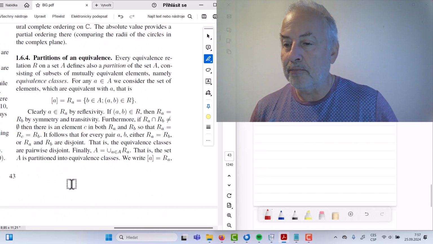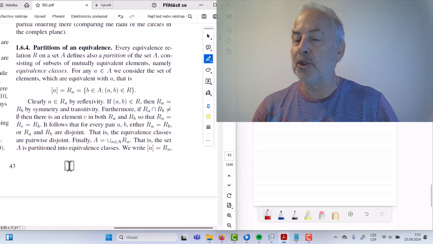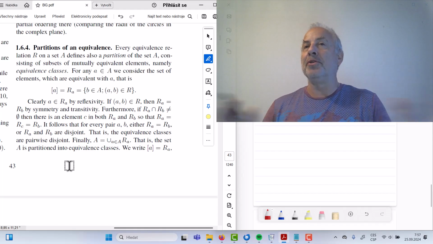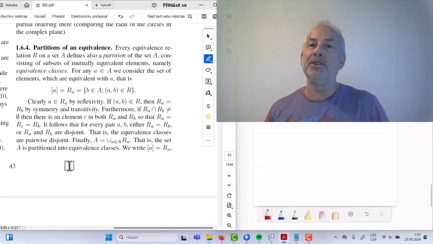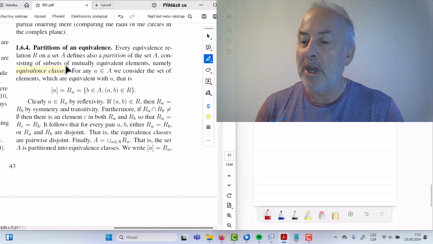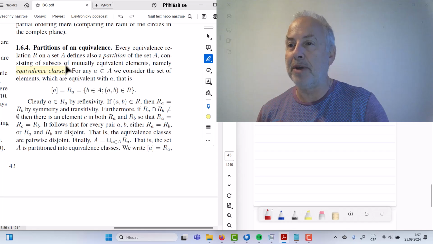And yes, the feature of equivalences I was talking about is the fact that each equivalence provides you with a partition of the set on which the equivalence is defined into classes of equivalent objects, or equivalence classes. And that's a very important thing, as I tried to explain already.